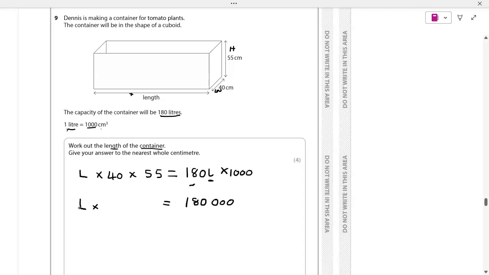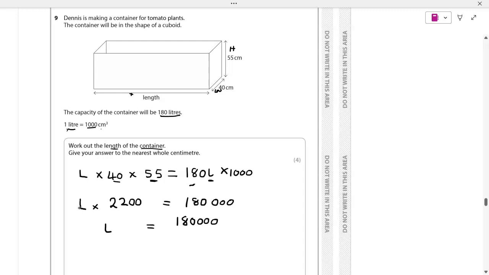If we put 40 times 55 into our calculator, we will get 2,200.